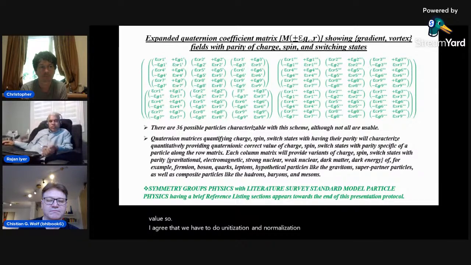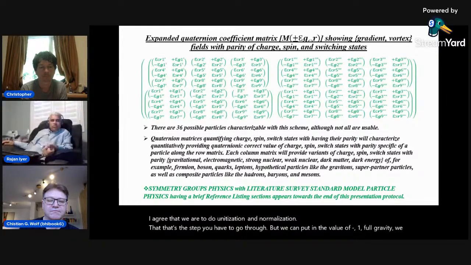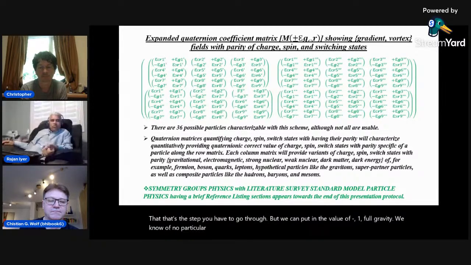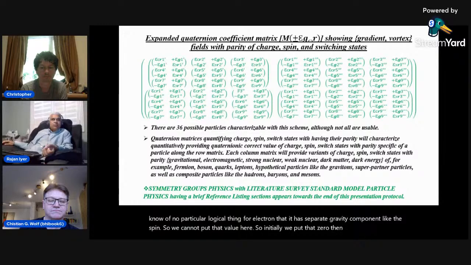But we can put in the value of -1 for gravity. We know of no particular logical thing for electron that it has a separate gravity component like the spin. So we cannot put that value here. So initially we put that 0. Then you have come to the strong nuclear. It's not strong nuclear. Again, that's 0.